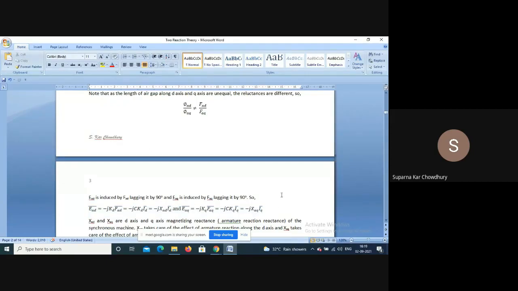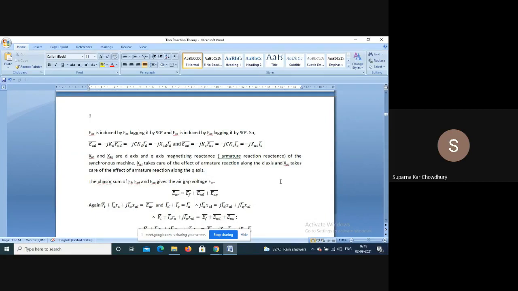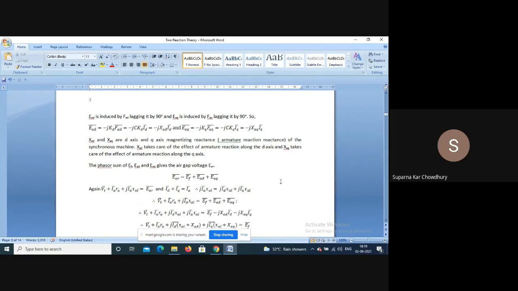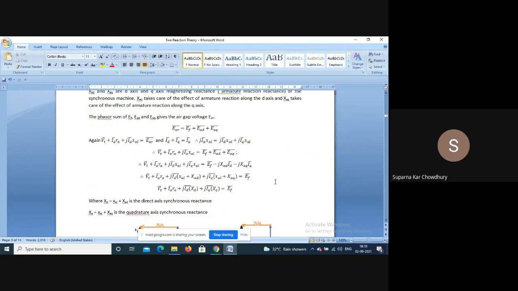So XAD and XAQ are the direct axis and quadrature axis armature reaction reactances. XAD takes care of the armature reaction along the direct axis. XAQ takes care of the effect of armature reaction along the quadrature axis.